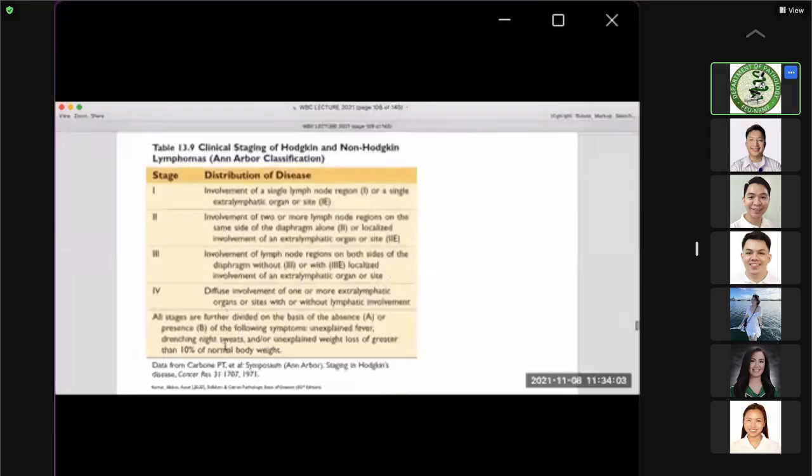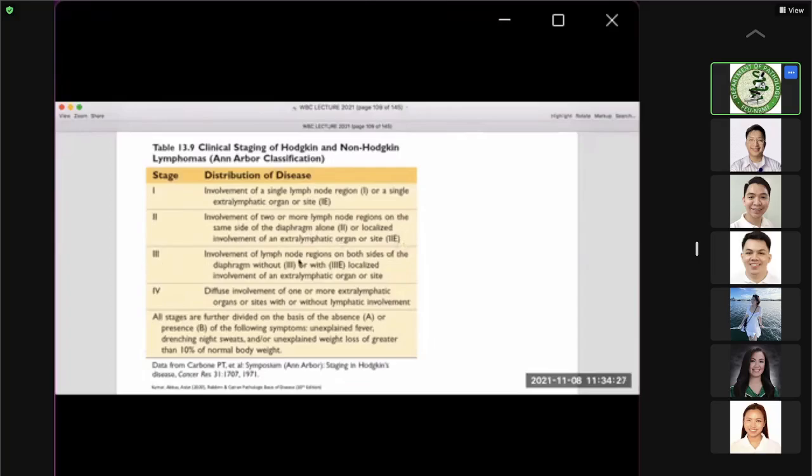So these are the different stages and their distribution of involvement. In stage 1, it is a single lymph node region or single extralymphatic organ. In stage 2, two or more lymph node regions on the same side of the diaphragm, or localized involvement of an extralymphatic organ or site.